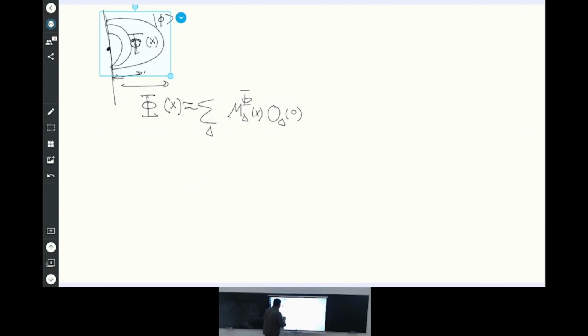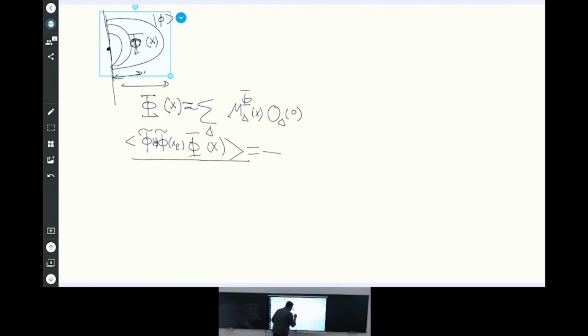So for that, we want to take this form factor. We have two boundary operators, let me just call it phi tilde. So these are boundary operators, and this phi is a bulk operator. This is the object that we want to study.